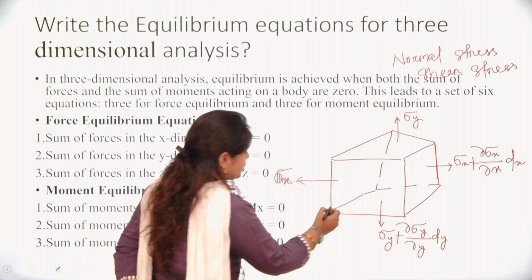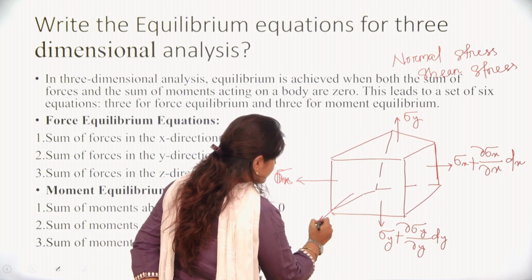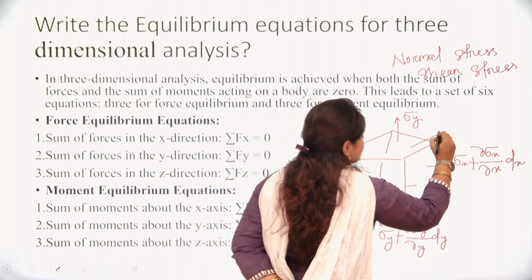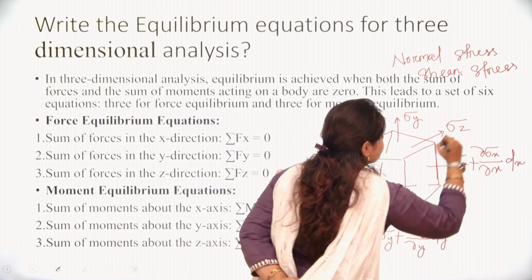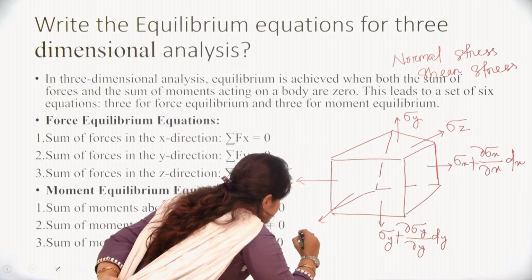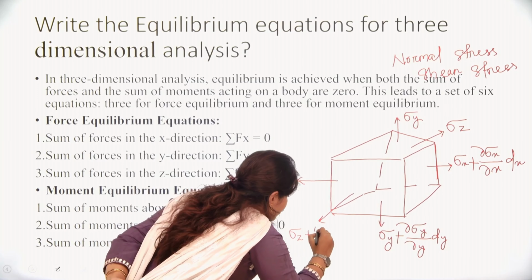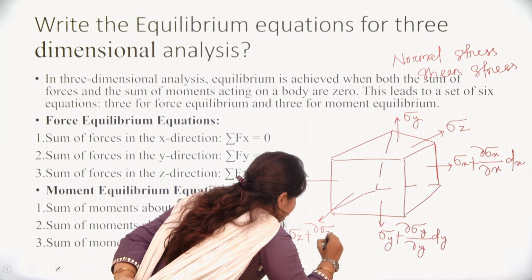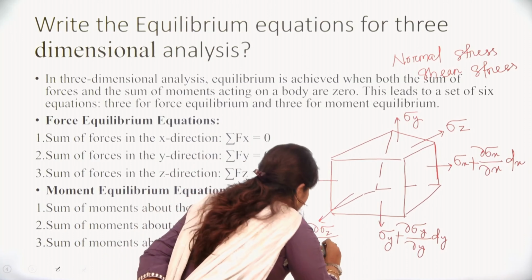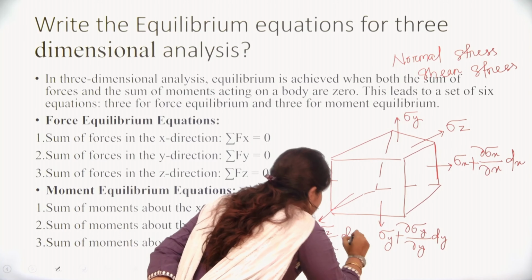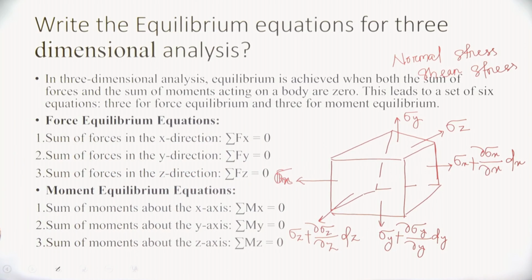Similarly, in the z direction, if we have sigma z here, at this face we will have sigma z plus del sigma z divided by del z into dz. Here we only talk about the normal stresses.